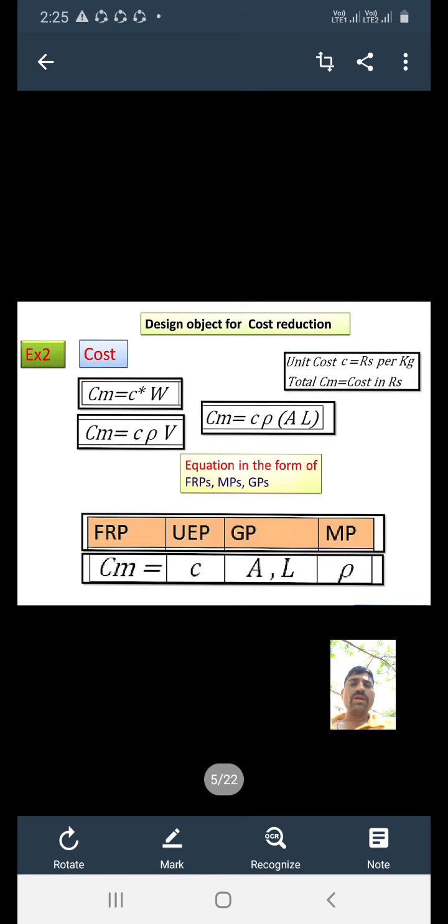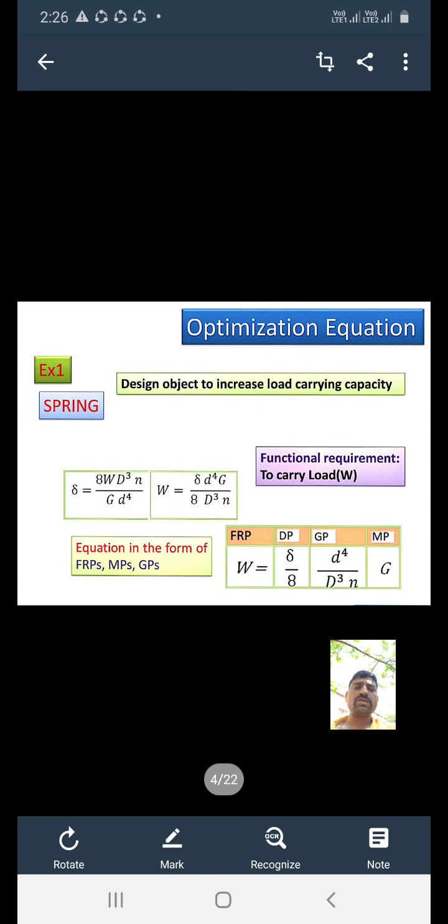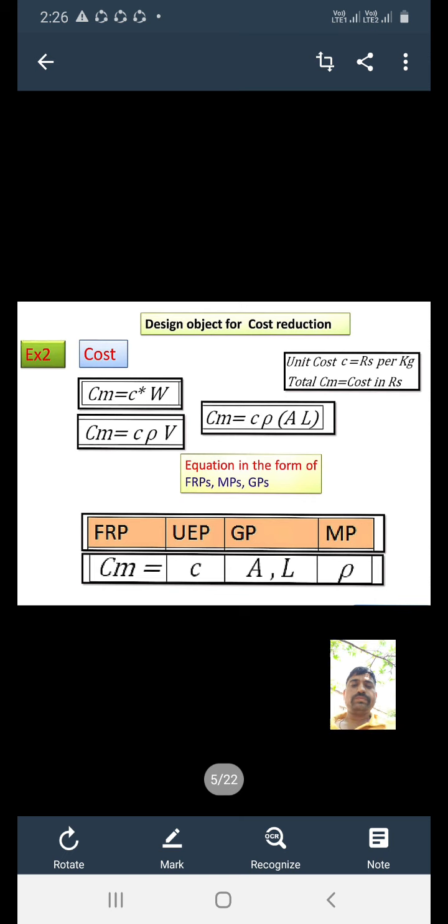Second, design object for the cost reduction. We have seen the first, related to the spring deflection formula: deflection is equal to, and the functional requirement is to carry the load. Next is the design object for the cost reduction. How to reduce the cost? Optimum design means we want to optimize the material or cost of the material.